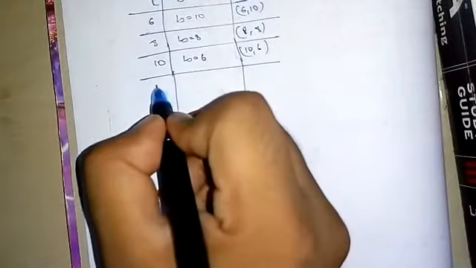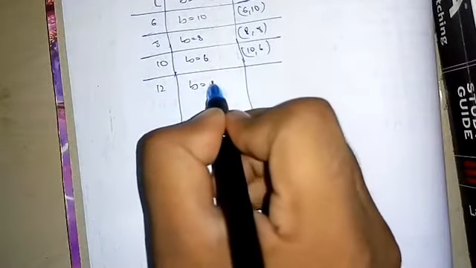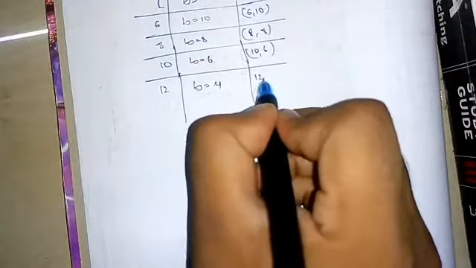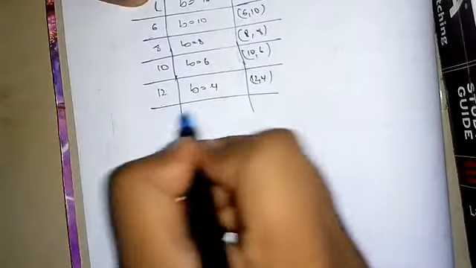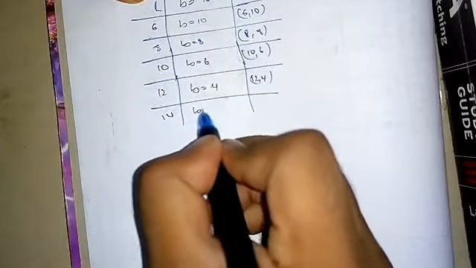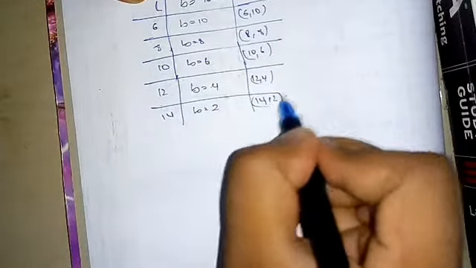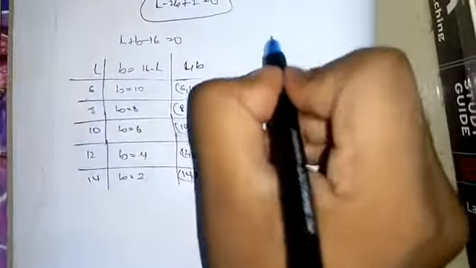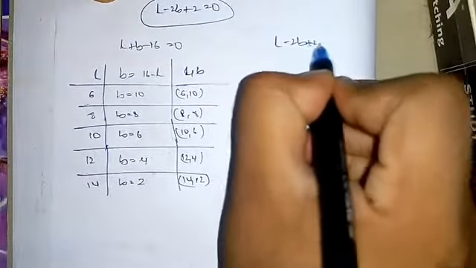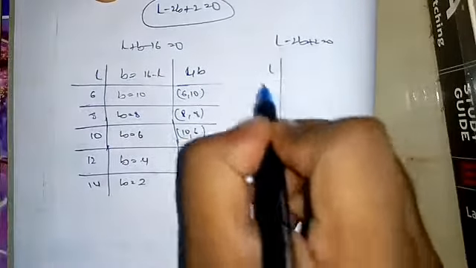L equals 12, B will be 4, so 12 comma 4. For L equals 14, B will be 2, 14 comma 2.